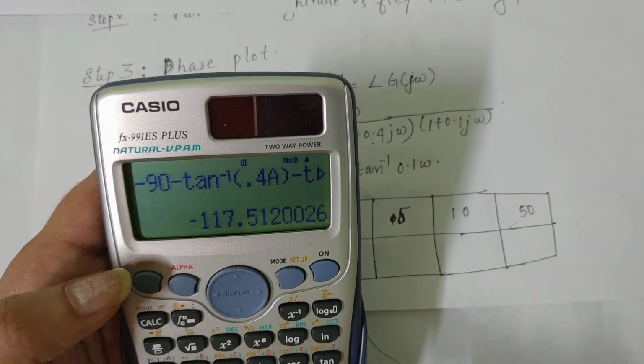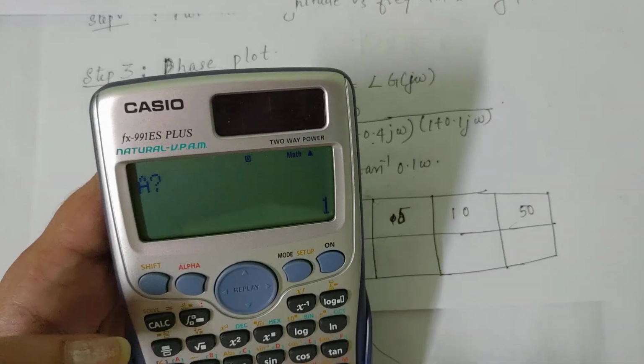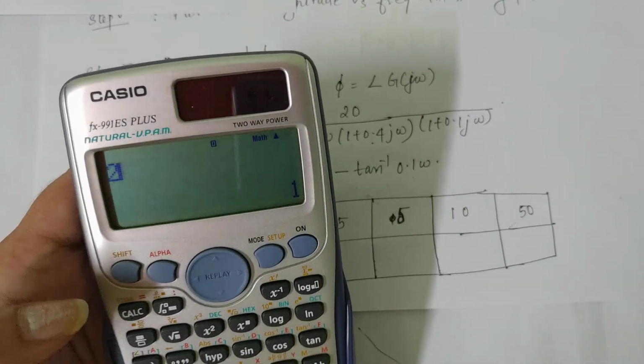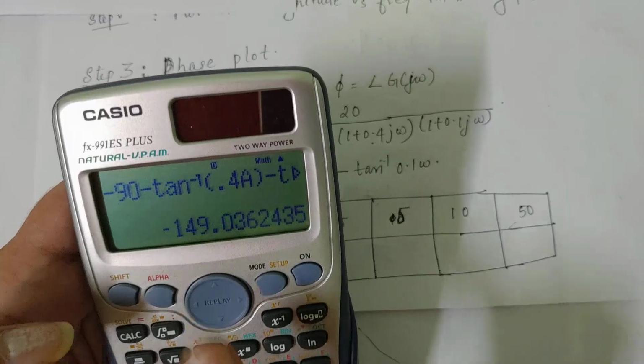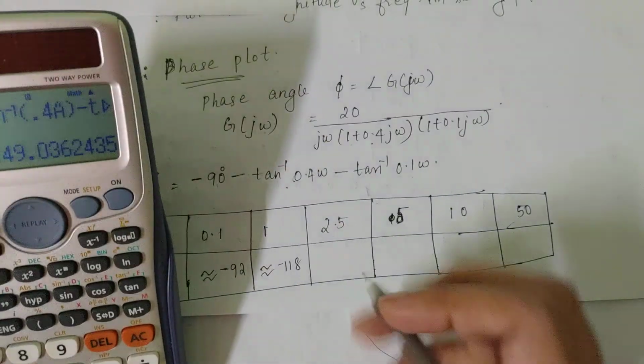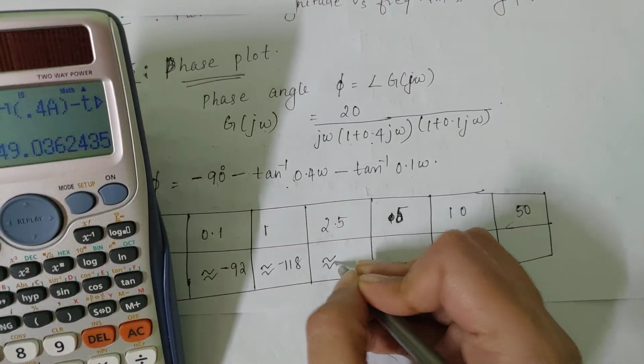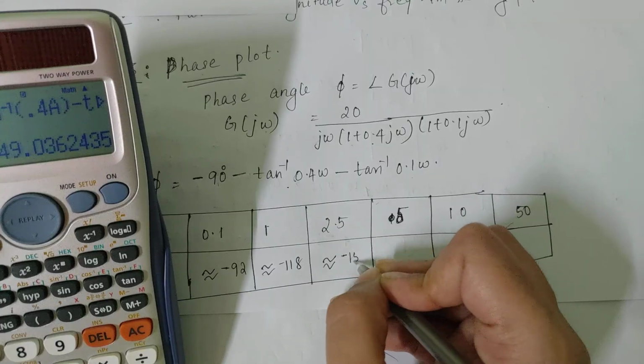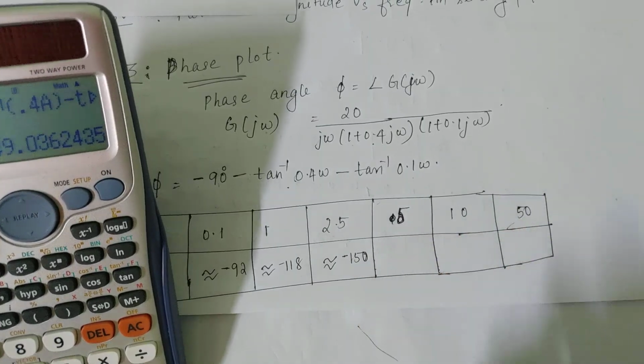Okay, again calculation, 2.5. I will get minus 149 point something, and I am taking it as minus 150.